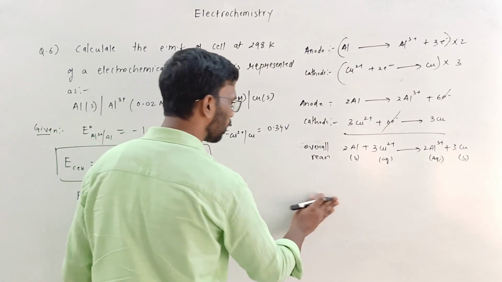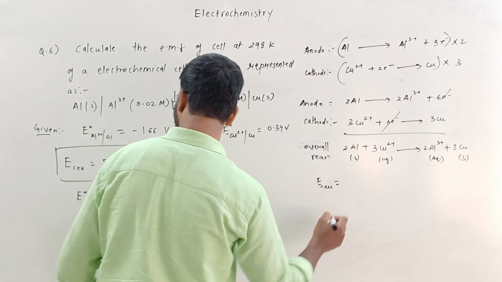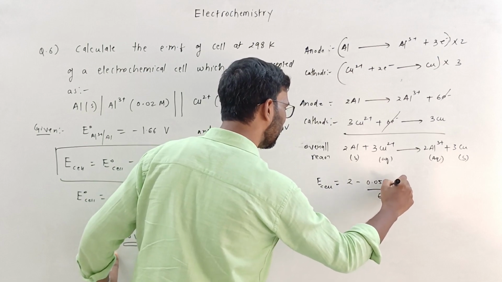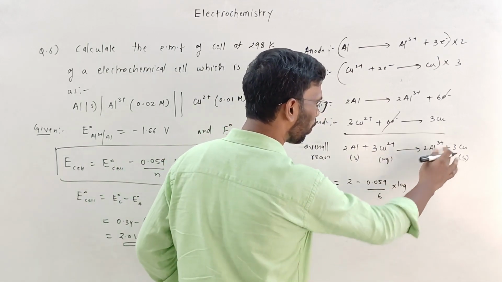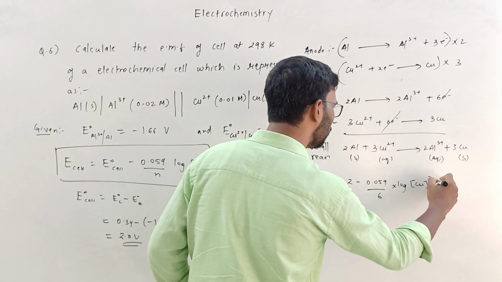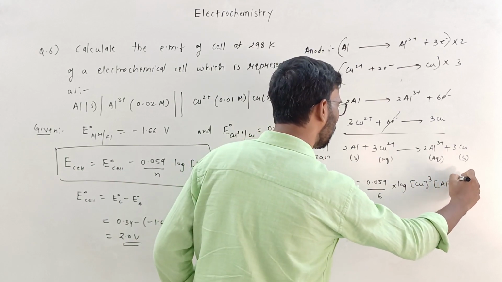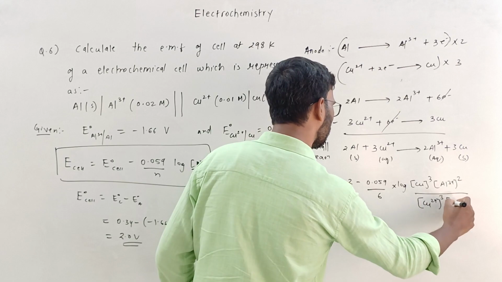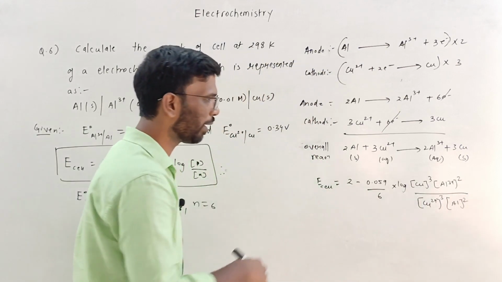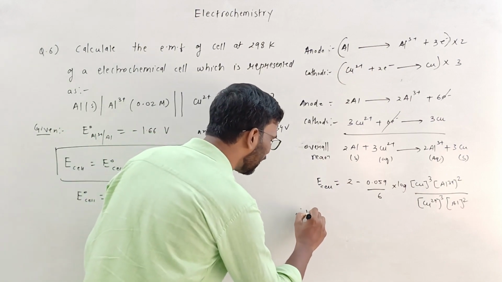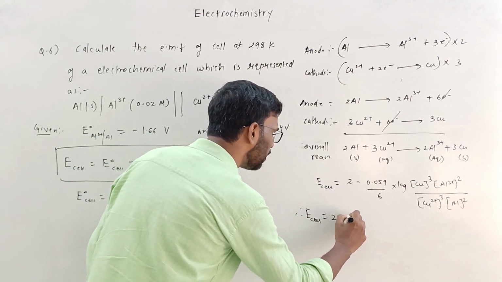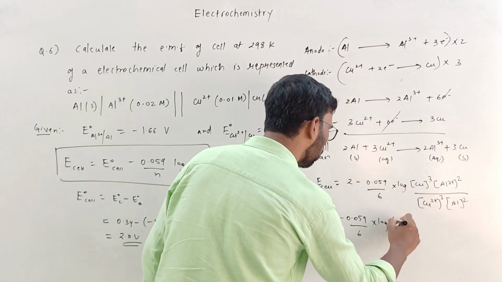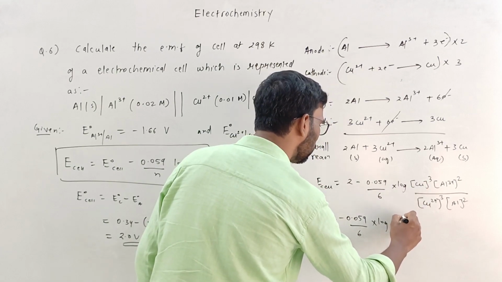E cell is equal to E naught, which I am getting to be 2, minus 0.059 upon N, where N is equal to 6, and log of the concentration of product, that is copper raised to 3, upon concentration of aluminum 3+ raised to 2. So E cell is equal to 2 minus 0.059 upon 6 into log of, copper is solid over here, so it is 1 raised to 3, unity.